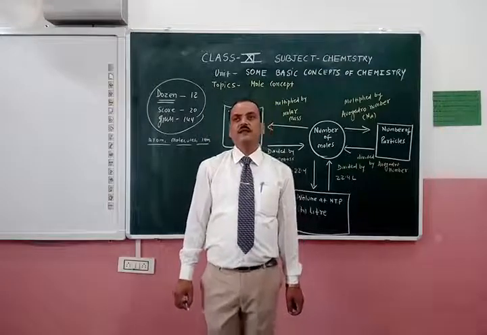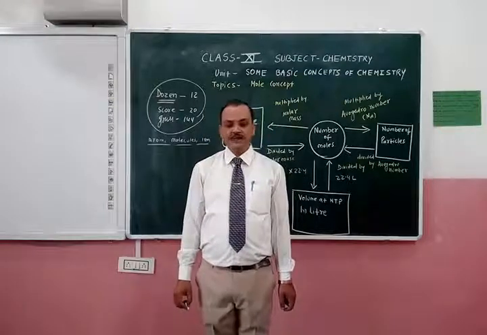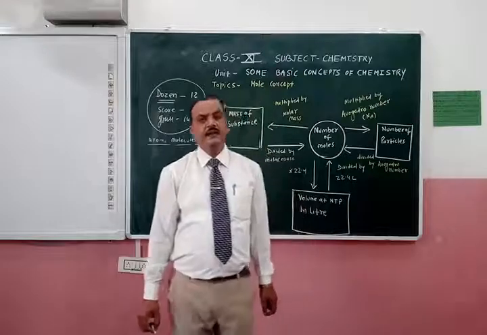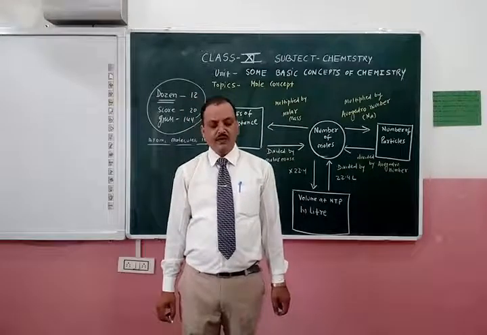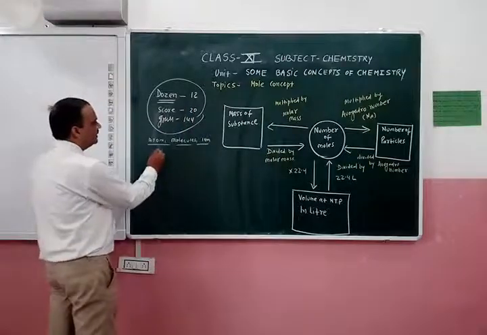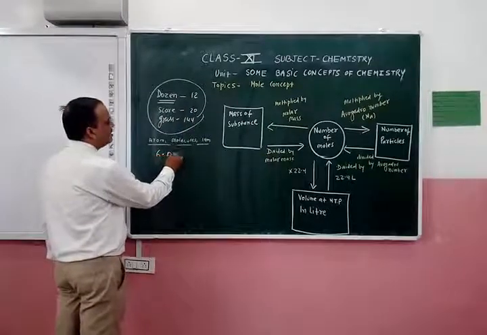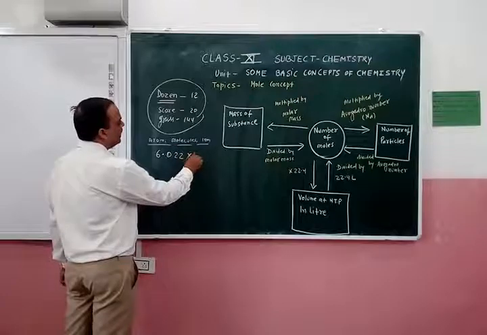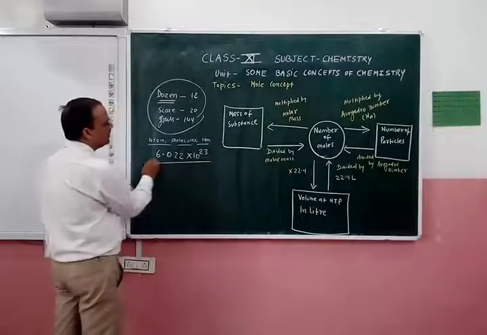So for experimental studies, we take a definite amount of these particles. This amount is known as 6.022 into 10 raised to power minus 23.